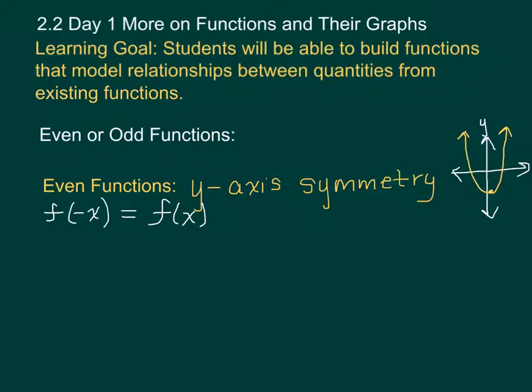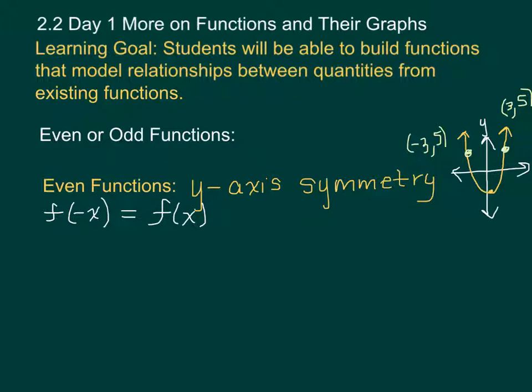So that means that, for example, if this ordered pair was -3, 5, then this ordered pair, just because I make the 3 positive, 5 should still be the y-coordinate. So that's what that means.